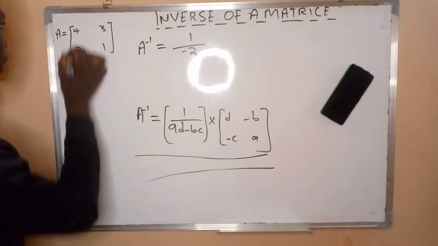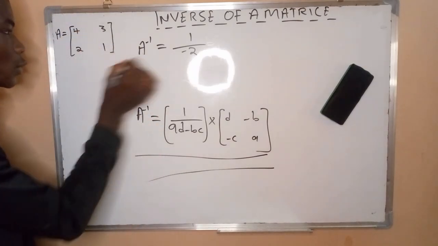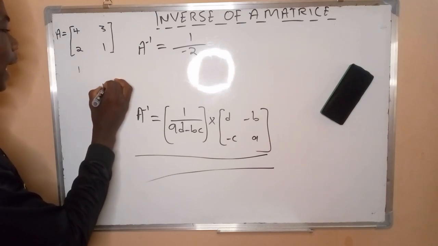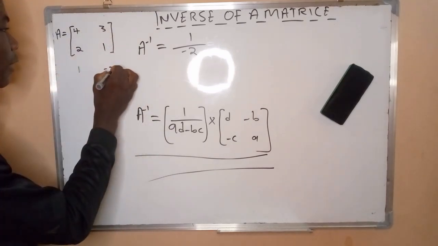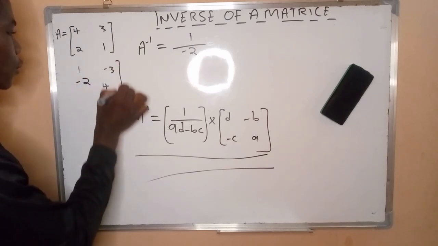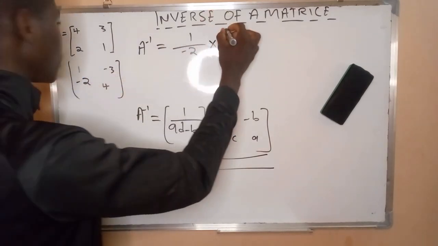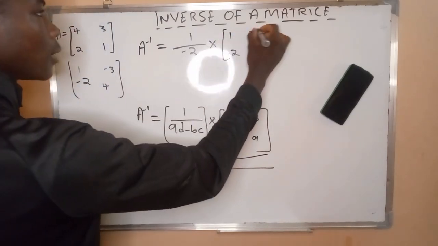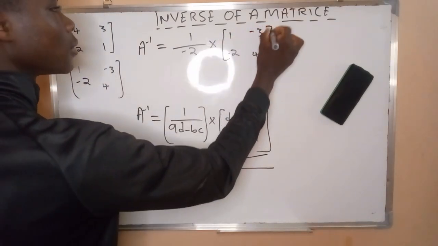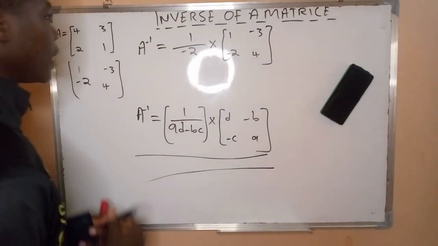Don't worry. I swap 4 and 1, so I have 1 and 4, and then I introduce a negative sign to minus 3 and minus 2. Then I will multiply by this matrix, so 1 over minus 2, and then minus 3, and I'm having positive 4. Then I have to simplify this.